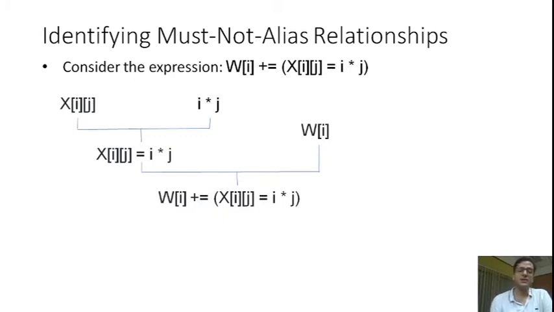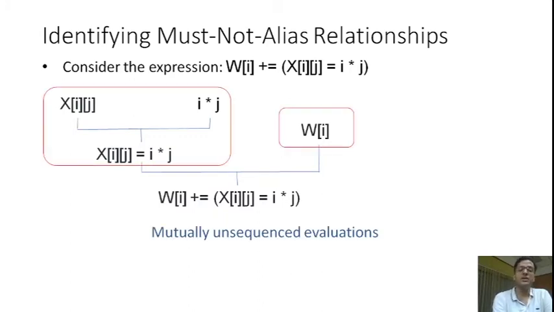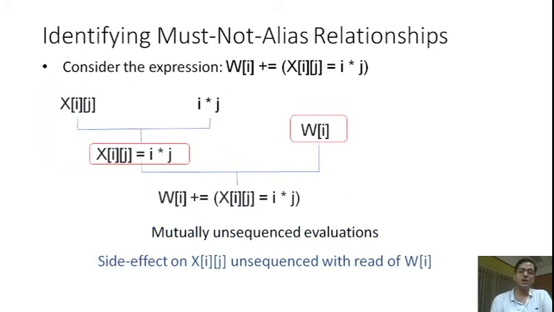All these three sub-expressions that I just mentioned are mutually unsequenced with w[i], which means that the evaluation of these expressions can proceed concurrently with the evaluation of the expression w[i]. Further, one of these expressions, namely the x[i][j] equals i into j expression, involves a side effect on x[i][j] which is unsequenced with the read on w[i].